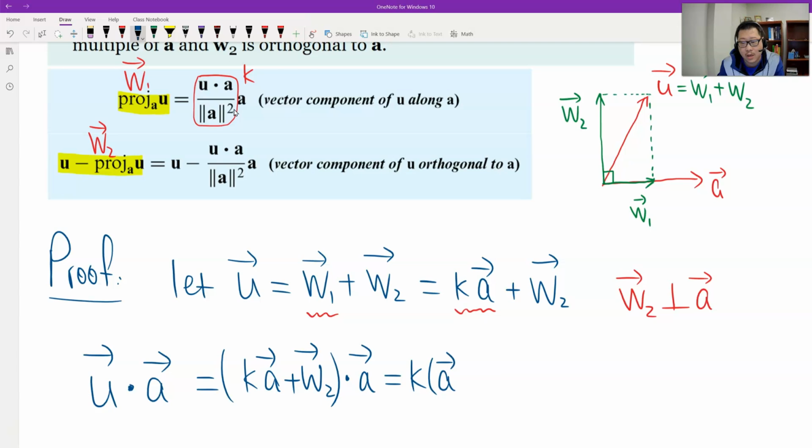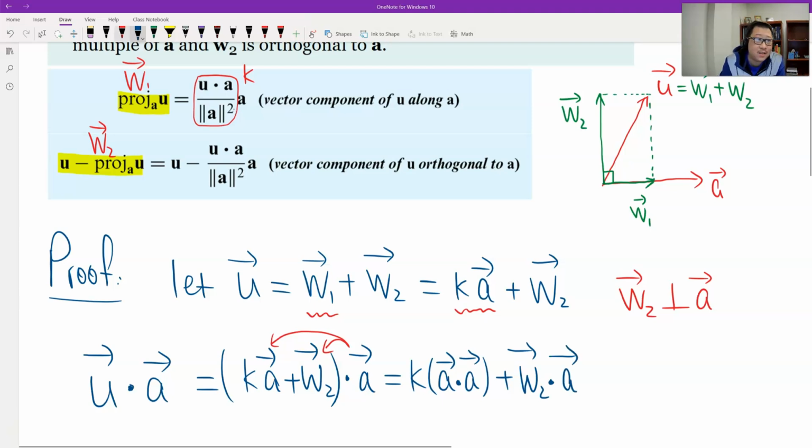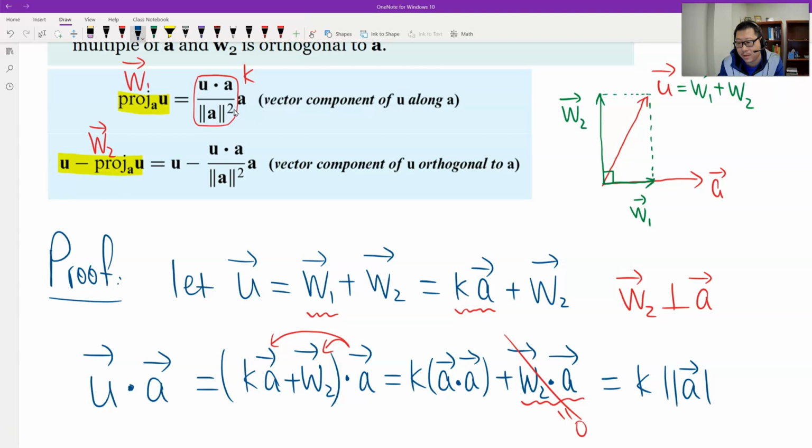And the second term is w2 dot a, which is exactly 0, because w2 is perpendicular to a, so it disappears. So we get u dot a equals k times the norm of a squared.